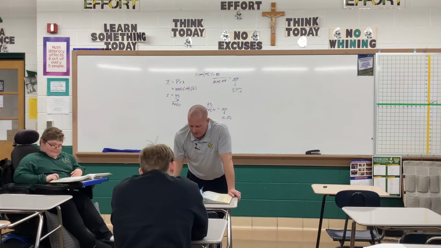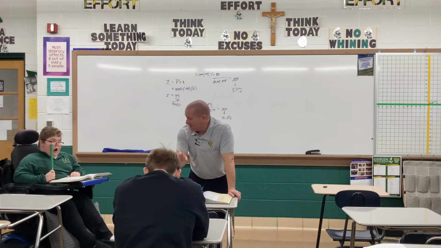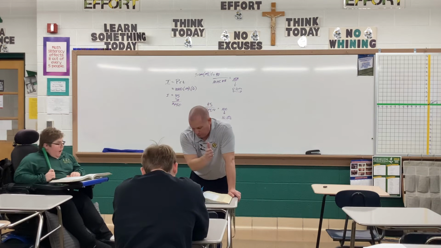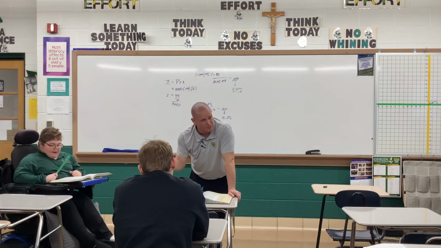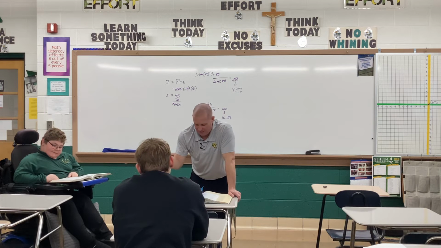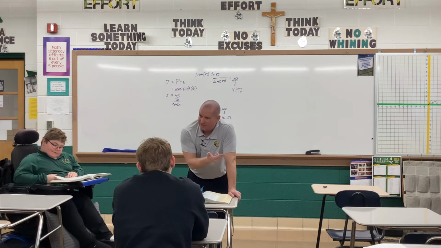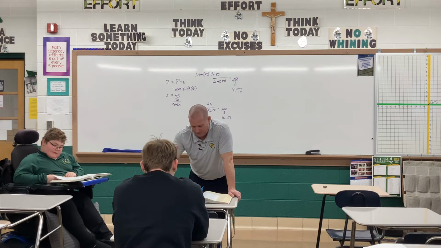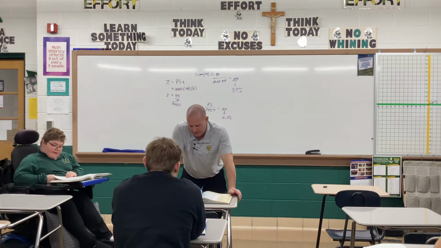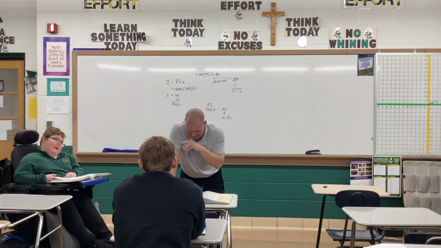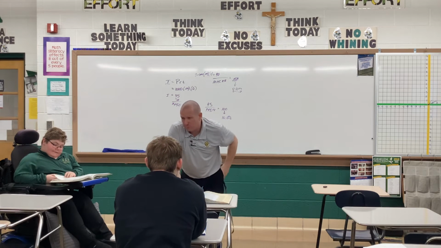The first thing I'm going to do is what we just did in the last section. I'm going to move that decimal 2 places to the left and then back 3 places. Everybody understand why we're doing that? 2 places to the left is because it's based off 100, and then 3 places back to the right because it's $1,000 bonds. If it's not $1,000 bonds, you would just multiply by it.